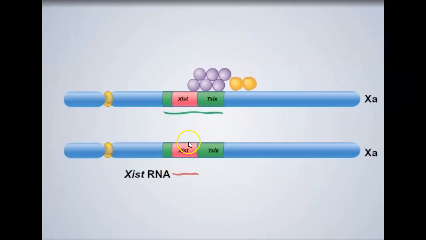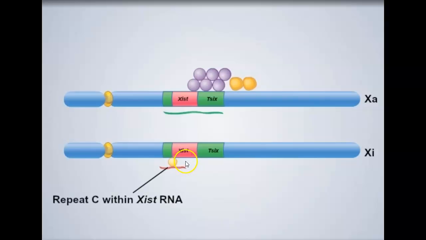This one now, because there are no factors for it, is going to have the opposite direction of transcription. XIST is going to be transcribed, and remember, this is the gene whose product begins the process of inactivating the X chromosome. So this is the beginning of the production of the bar body.